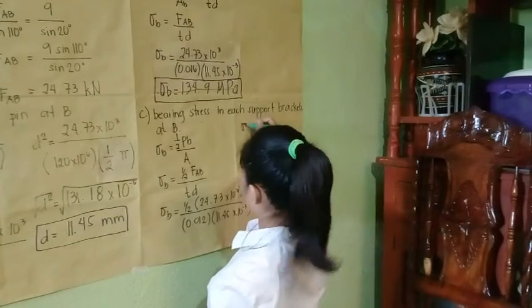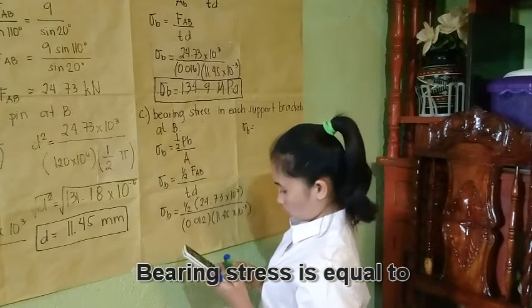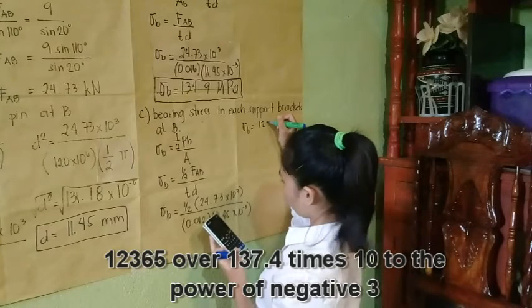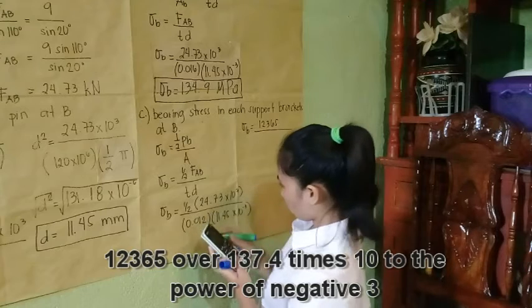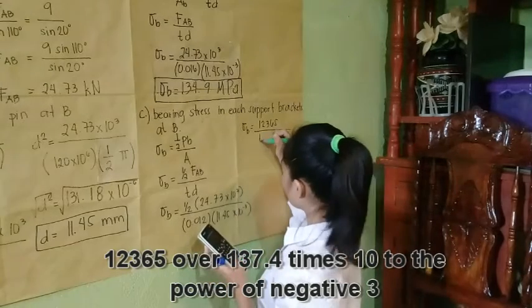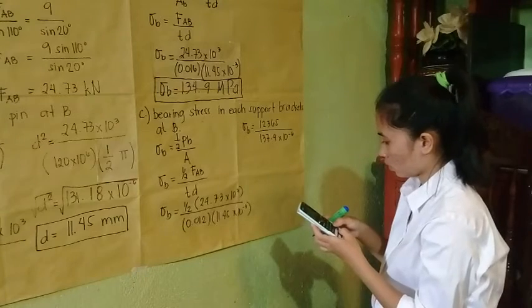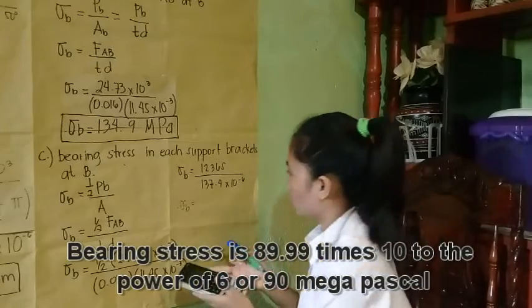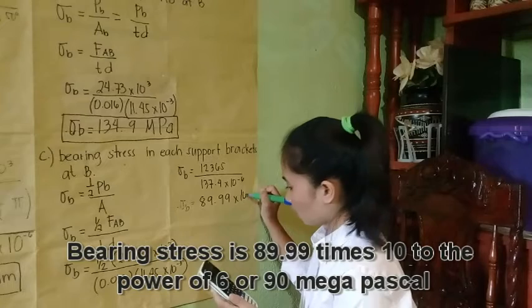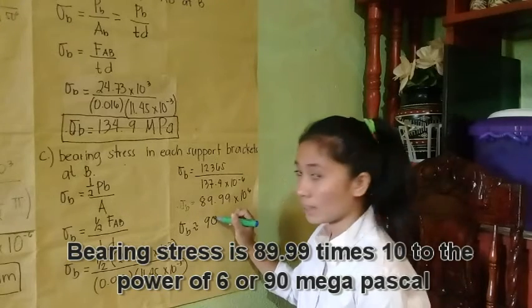So we have a bearing stress of 89.99 times 10 to the power of 6, which is equal to 90 megapascal.